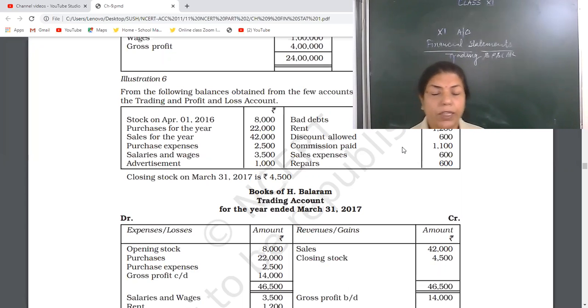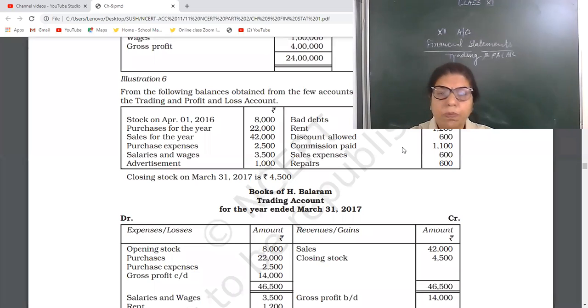Okay, now rent, nothing is given. So what do you assume, paid or received? See, if nothing is given, that will be treated as rent paid. Now rent paid will be shown at the debit side of profit and loss account. Now discount allowed. Discount allowed means discount paid.